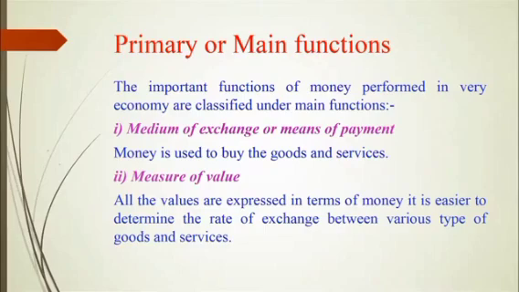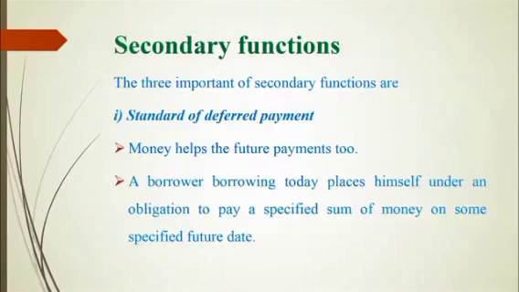It helps to compare the value of all commodities. Every country has a standard money or a monetary unit in terms of which values are expressed and measured, which is known as currency, such as dollars, pounds, etc.